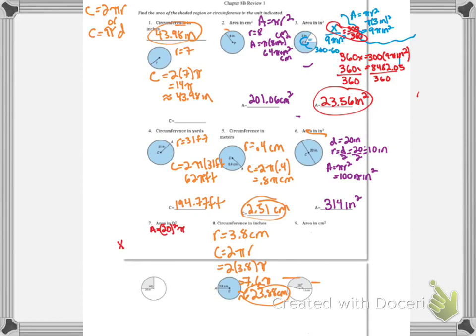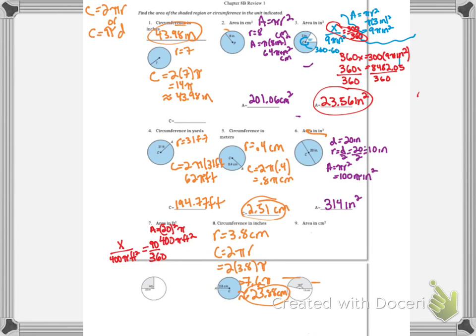That gives me 400 pi feet squared. So I have this over 400 pi feet squared, which equals, and then my shaded region degrees is 90 over 360.